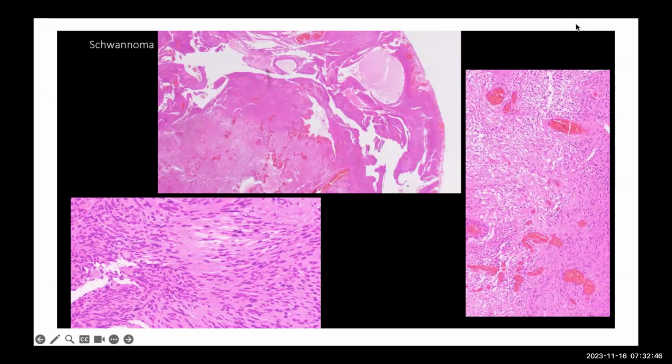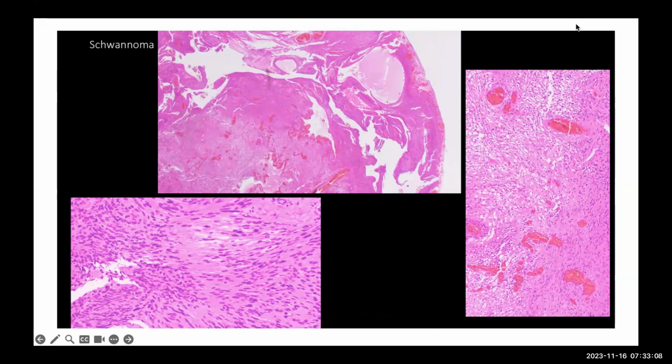So this was a schwannoma, and I'm showing you at the top a low power picture emphasizing the gross features of schwannoma. There's a thin capsule on the right side. There's multicystic, cystic degeneration. There's a lot of dilated blood vessels.